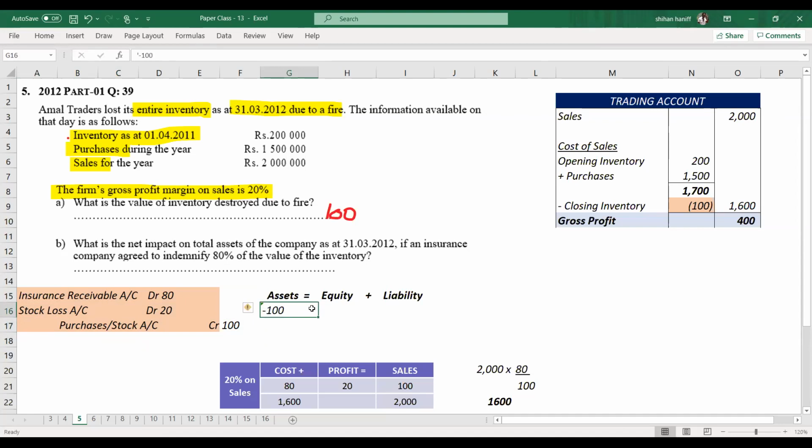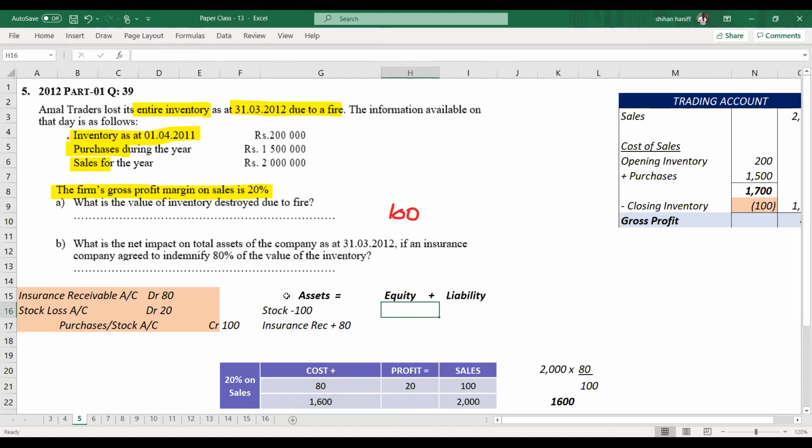Asset is reducing by 100,000 in stock. And insurance receivable, we are getting insurance of 80,000.